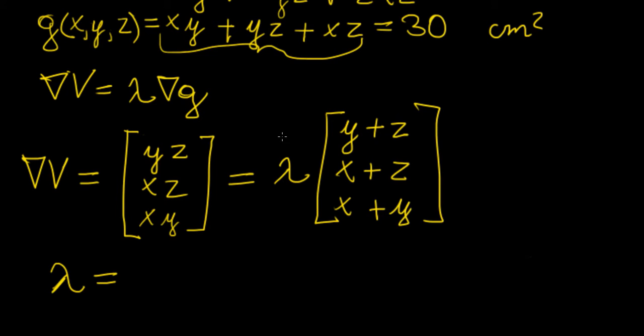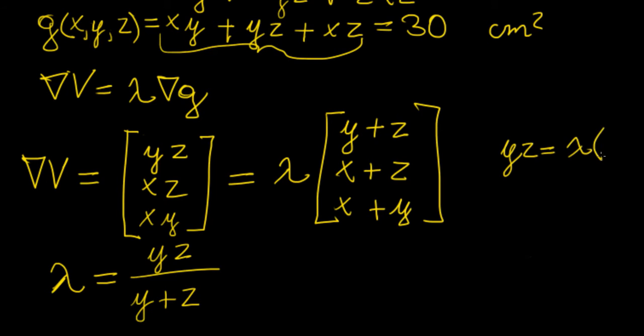So in this case, for the first row, we're going to have yz over y plus z, because this is the same as setting up the equation yz equals lambda times y plus z. And all I'm doing is dividing both sides by this, and then I'm just solving for lambda. So that's what we're doing here. For all 3 equations, we're going to solve for lambda.